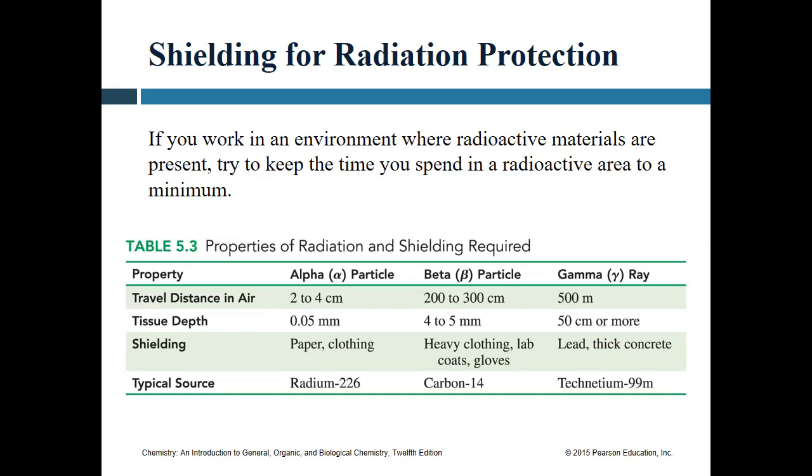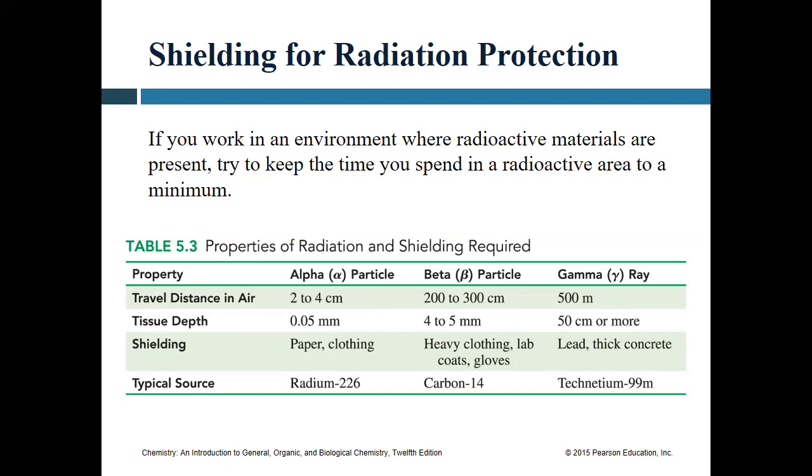With beta particles, we can see that difference in size, and that higher energy does make it go a little bit further. It goes anywhere between 2 and 3 meters in the air, and it can also penetrate up to 5 millimeters into your skin. That's enough to break through the first layer of your skin and get into the second layer.